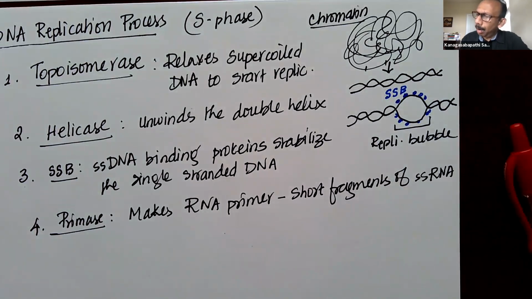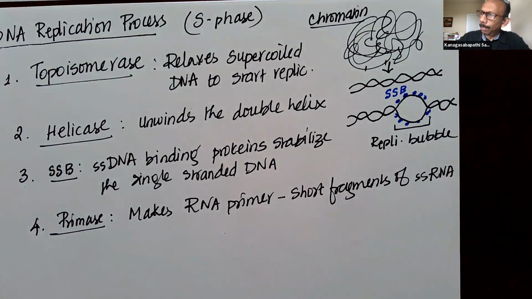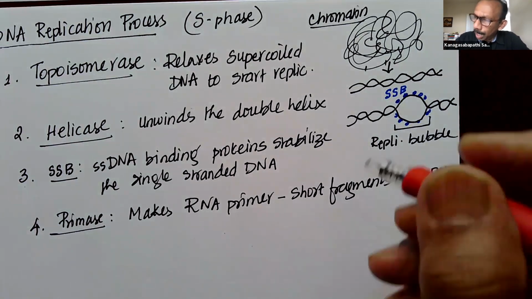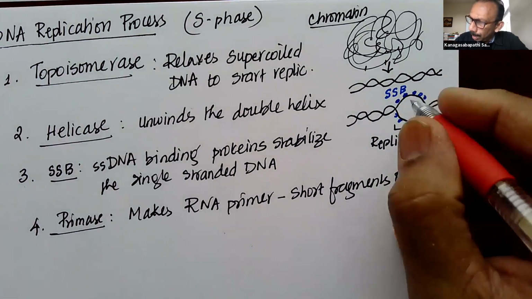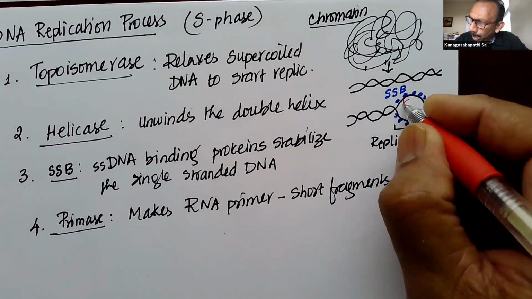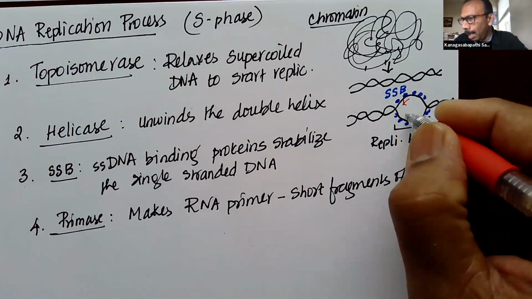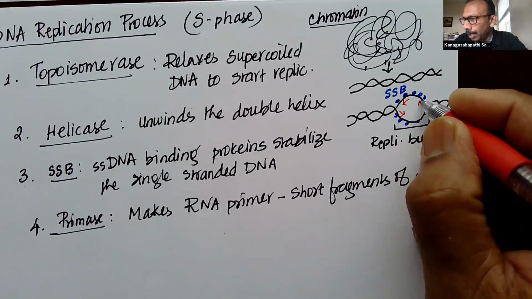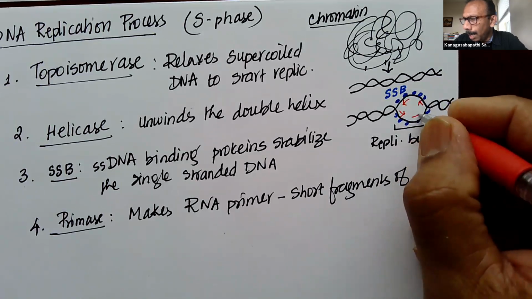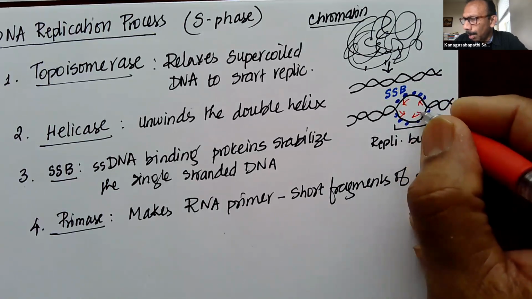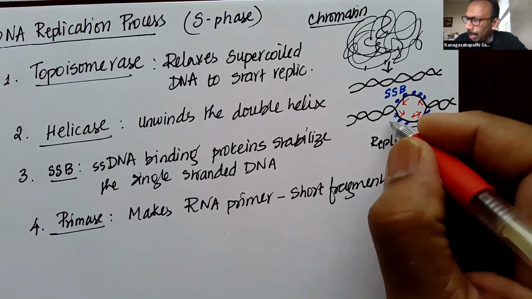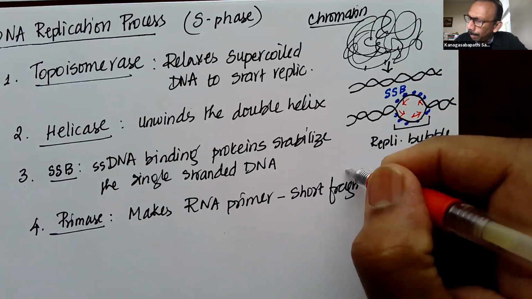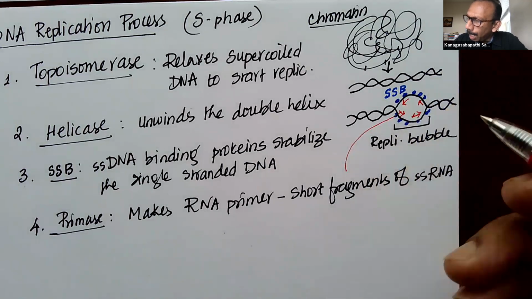So when RNA primer is bound to that region, the RNA primers bind to the template DNA, and they start to make the, I think this arrow goes like this. So these are the RNA primers.